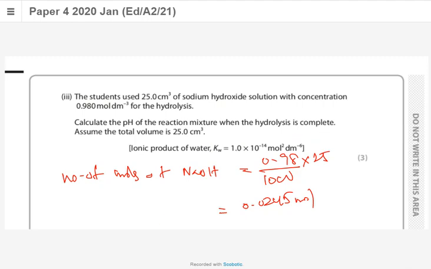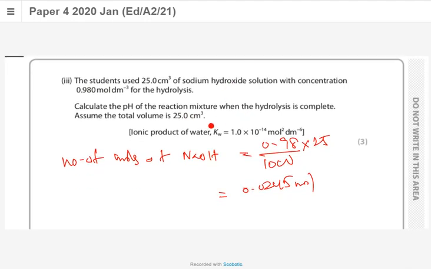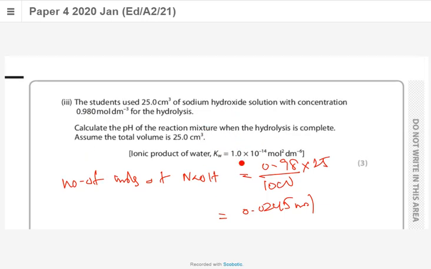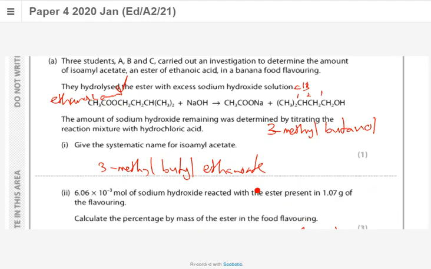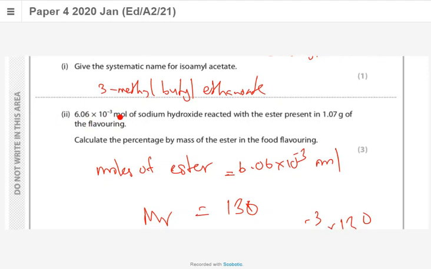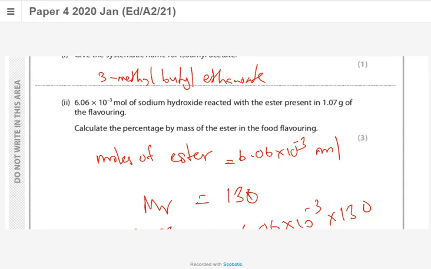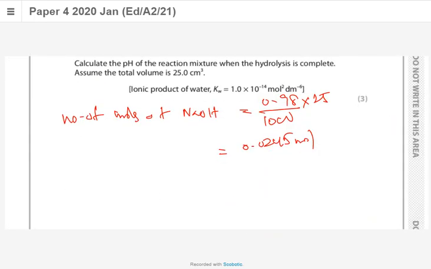Now look at this. Total volume is 25. Okay. So this is the number of moles of the sodium hydroxide which was used for the ester, right? So we had to know initially how much sodium hydroxide is there. See, this amount of sodium hydroxide is reacted. So this is the amount of sodium hydroxide which is used, the amount which is reacted.